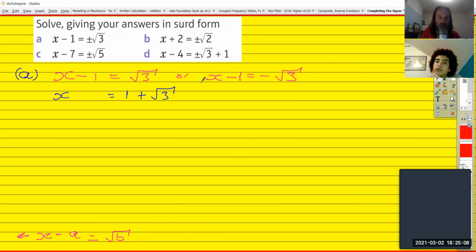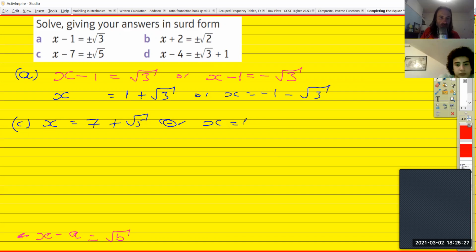Let's try question C. X is 7 plus root 5, or X is minus 7 minus root 5. Well done. And D. Wait, X, what was the second one?